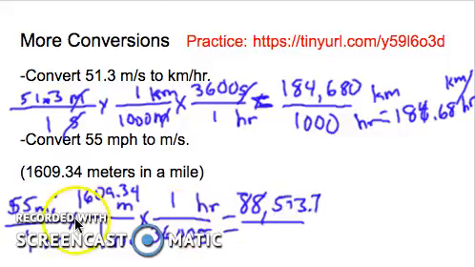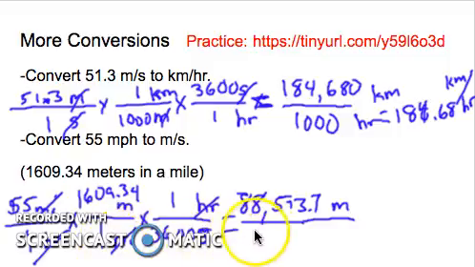We've got to cross things out and see what we're left with. Miles is gone, hours is gone. Looks like that is going to be meters, and that will be over 1 times 1 times 3,600, which is of course 3,600.